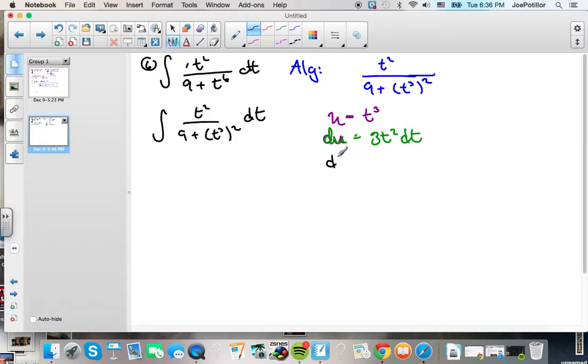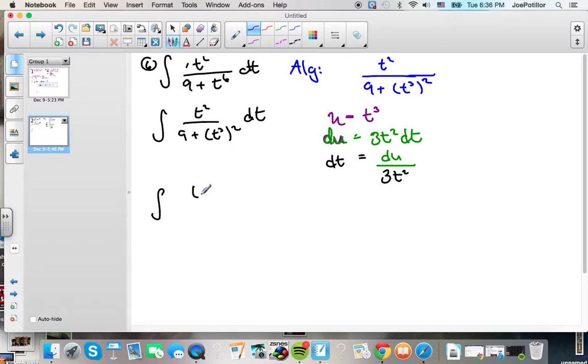And then dt is going to equal du divided by 3t squared. You'll notice I'm showing you the step where they cancel, because sometimes people just start immediately substituting back the whole expression for dt, and they make a mistake when they do that. So let's do that substitution.